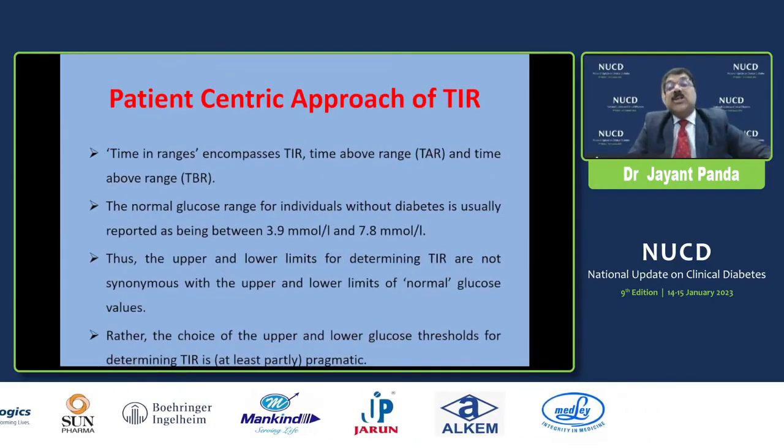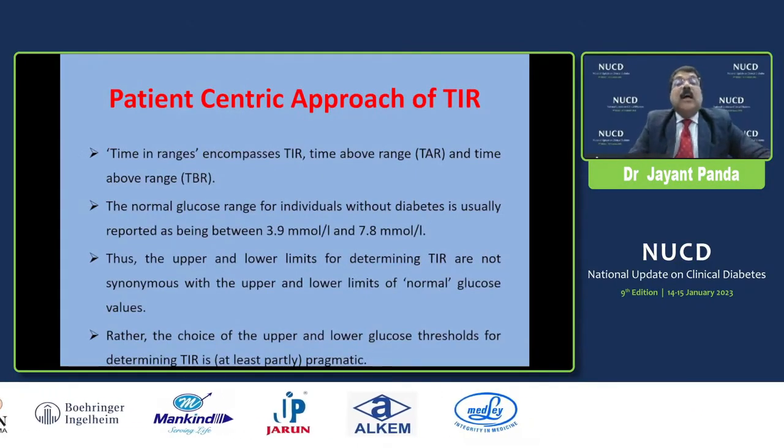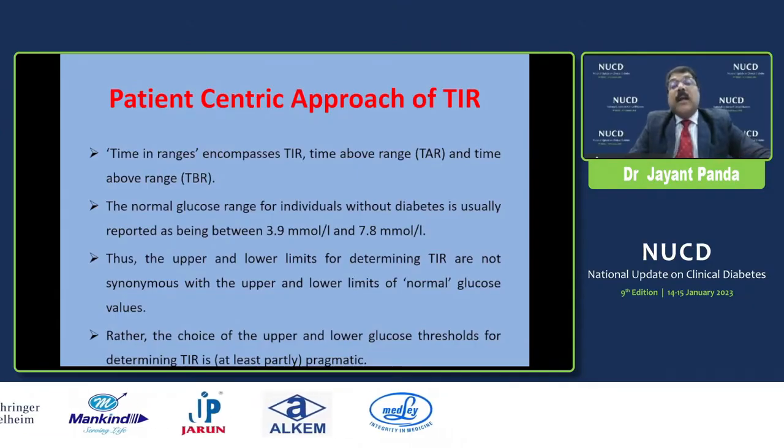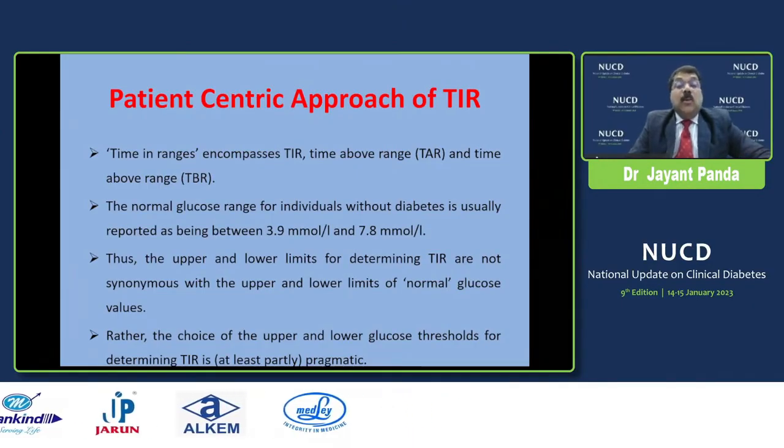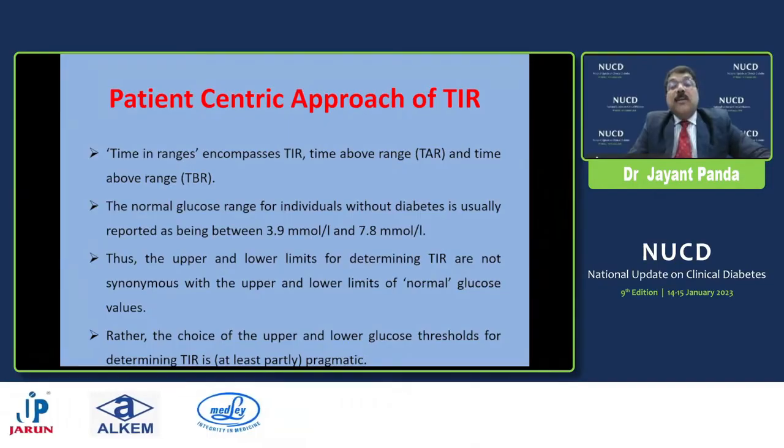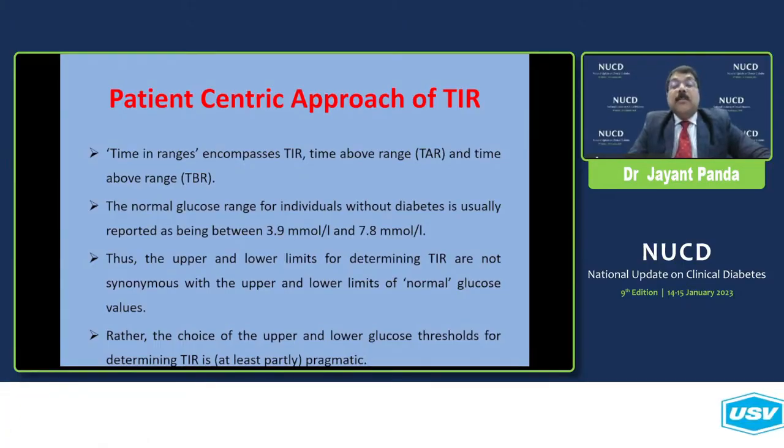And the patient-centric approach of time in range encompasses above range and below range. The normal glucose range for individuals without diabetes is reported between 3.9 and 7.8 millimole, and the upper and lower limits for determining the time in range are not synonymous with the upper and lower limits of the normal glucose values.